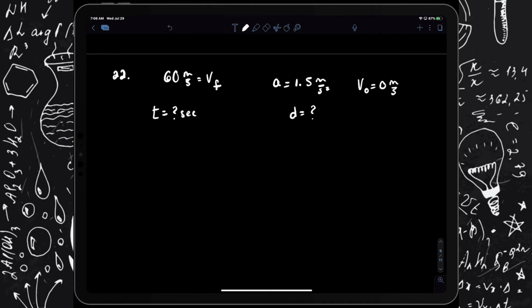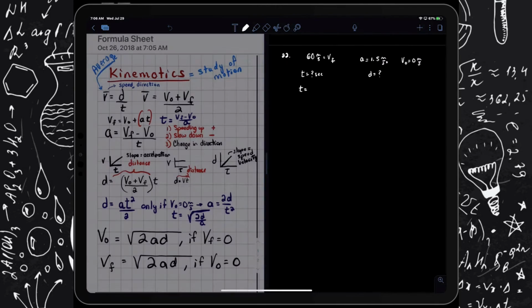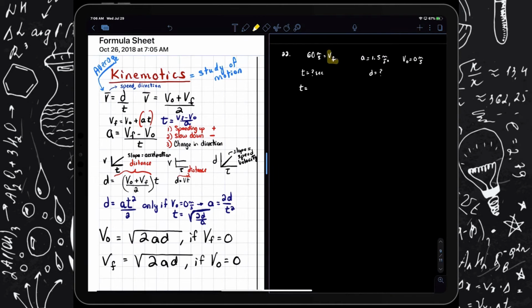Yeah, you start off at rest and then it has to gain speed to take off. Okay, so we need a formula to figure out our time. All right, so this is where we go back to that formula sheet like I had said. Our variables that are given to us, we have VF, A, VO, and now we're looking for T.